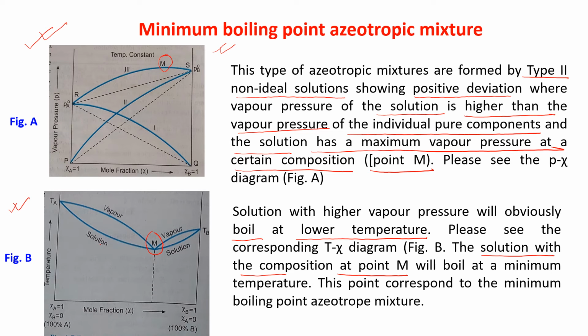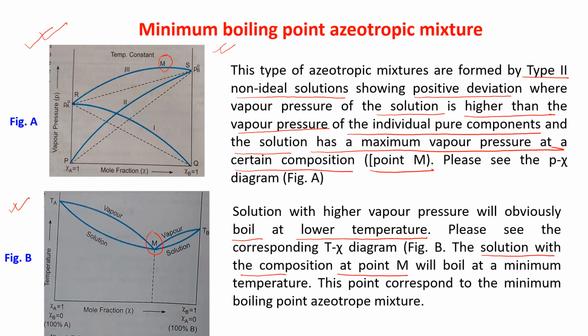Now you can see here, the vapor pressure of this type of solution is maximum because its boiling point is low. So the vapor pressure is maximum at point M. Naturally, its boiling point is low.